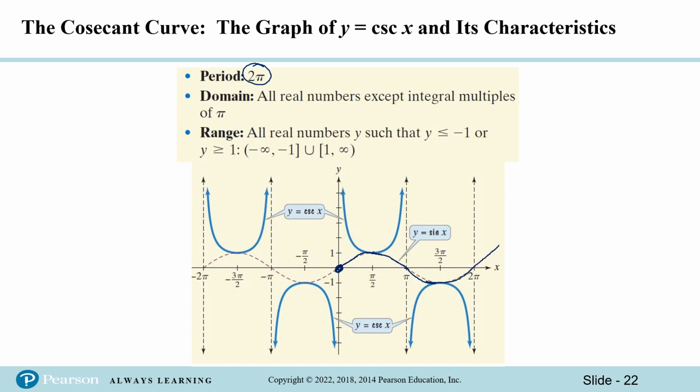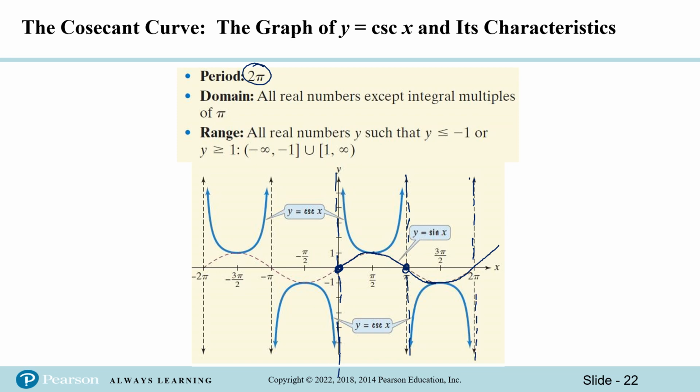We have an x-intercept here, an x-intercept here. If we take the reciprocal of 0, it's 1 divided by 0, and that's not allowed. So here's going to be my vertical asymptote, and there, and keep doing multiples of pi.